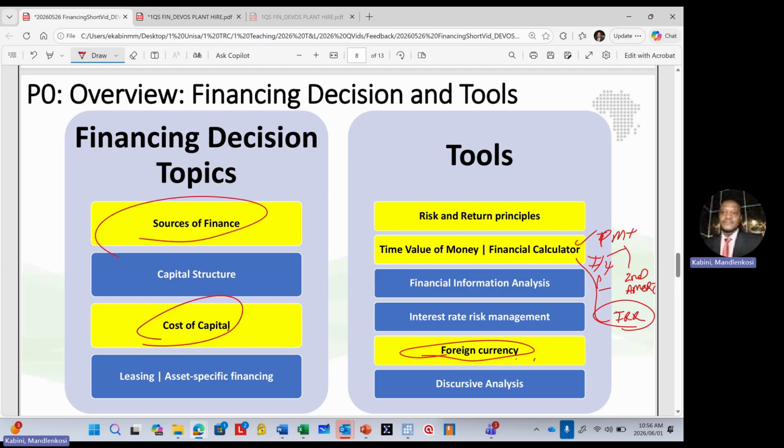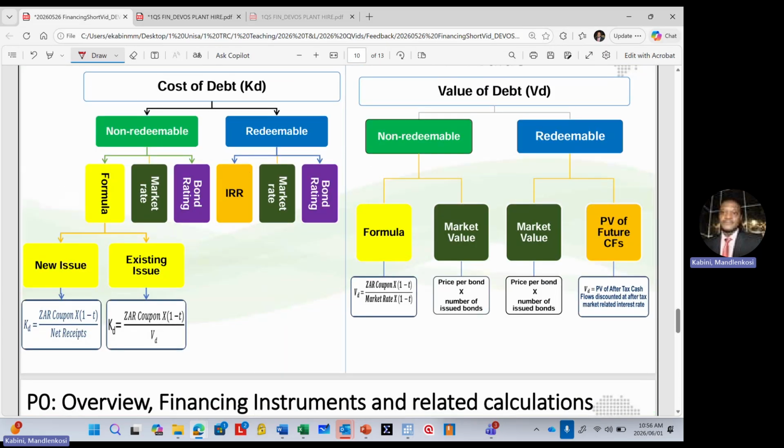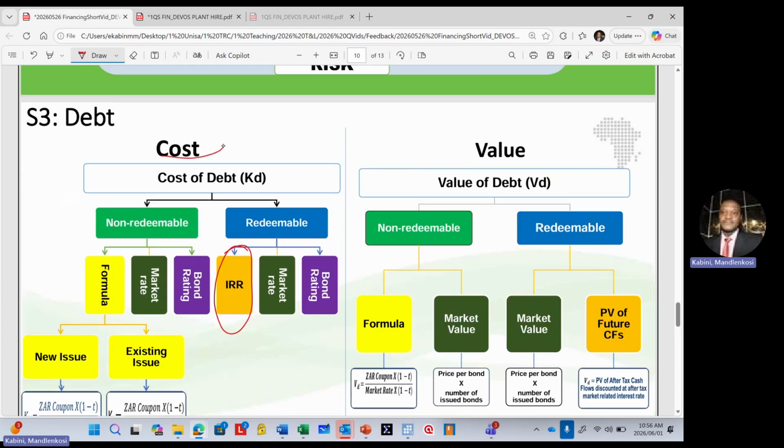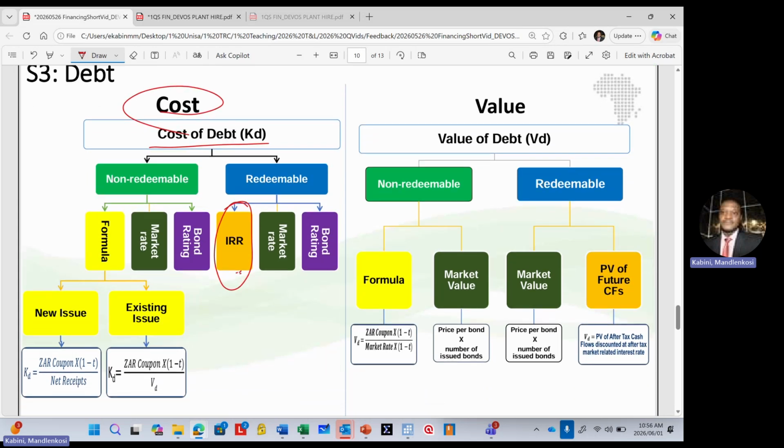So finance and cost of capital: what's the process that we followed to choose IRR instead of using other methods like NPV or market value? How did we go and say this is the IRR that we are going to use? What informed that decision? Okay.